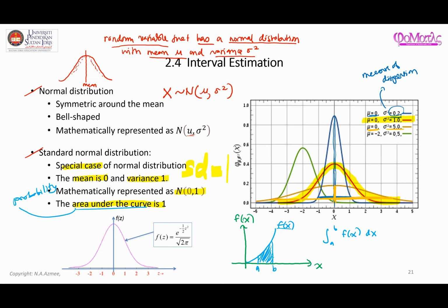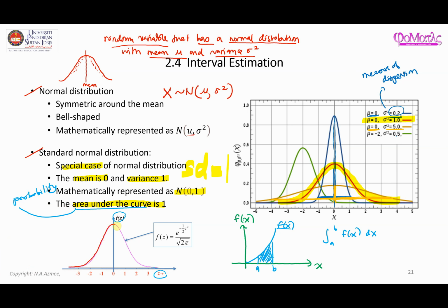Okay, so what is going on here? Now, here the horizontal axis, instead of being labeled x, is labeled z, and the vertical axis is labeled f(z). Now, this is the curve.